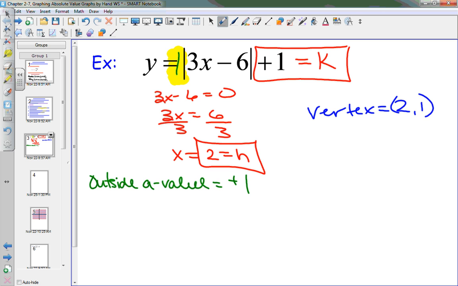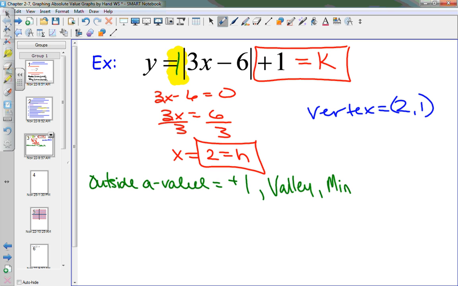That positive 1 is responsible for telling me if it's a mountain or a valley. It is a valley, which means since it is a valley, do I have a max or a min? I have a minimum value.